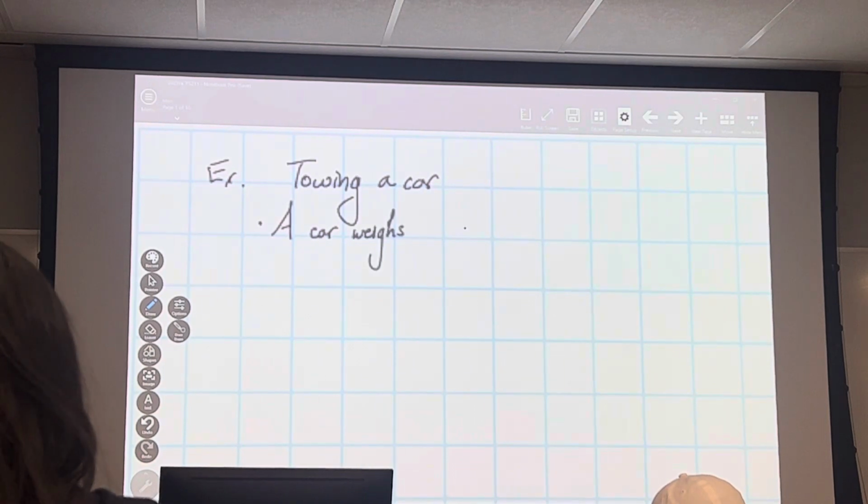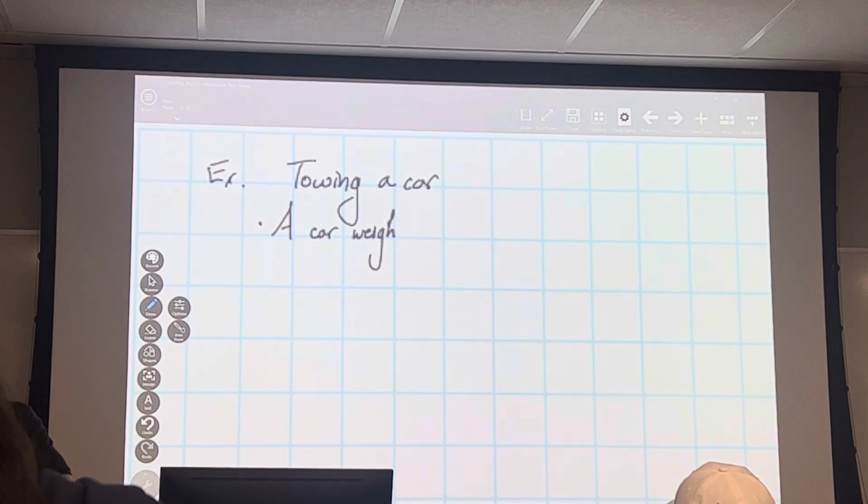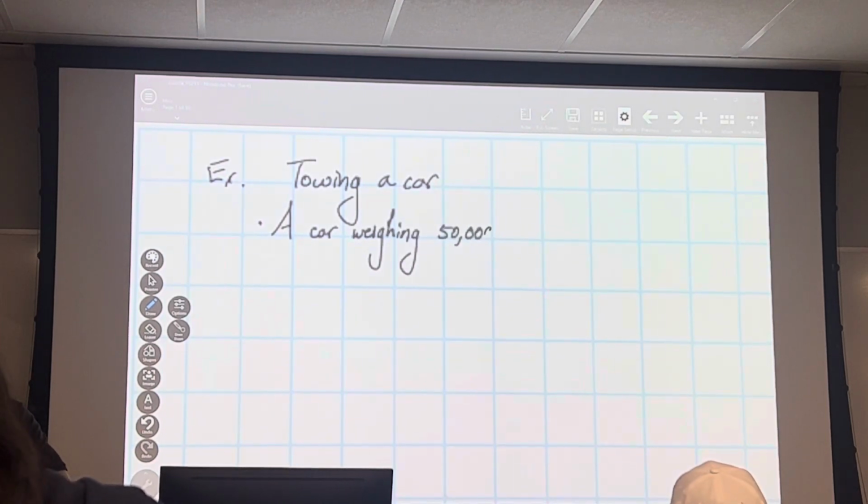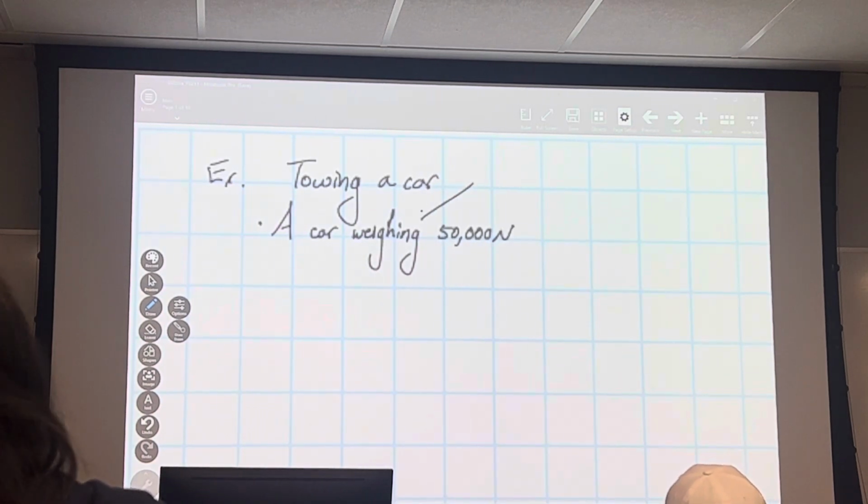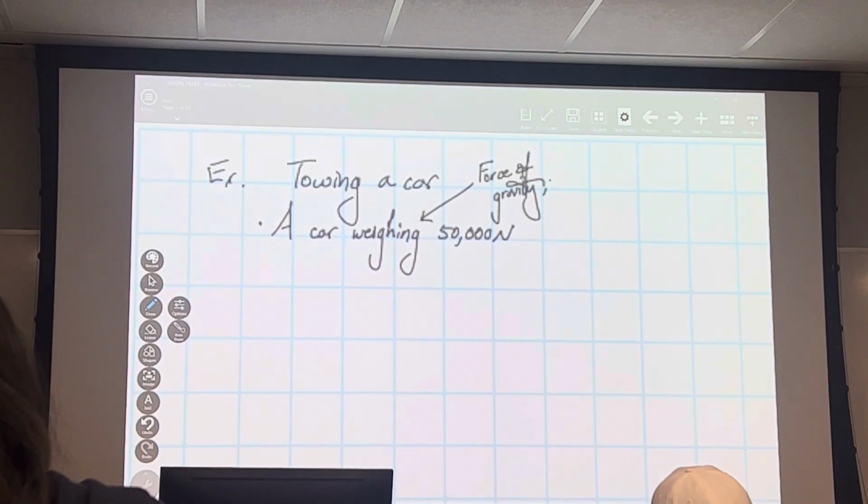Car, let's say, weighing 50,000 newtons. Now, weighing means force of gravity, which is Fg.